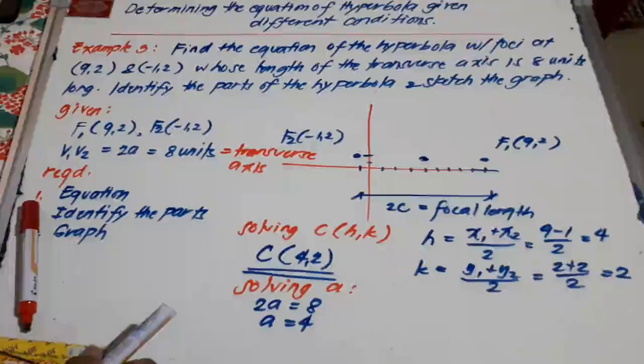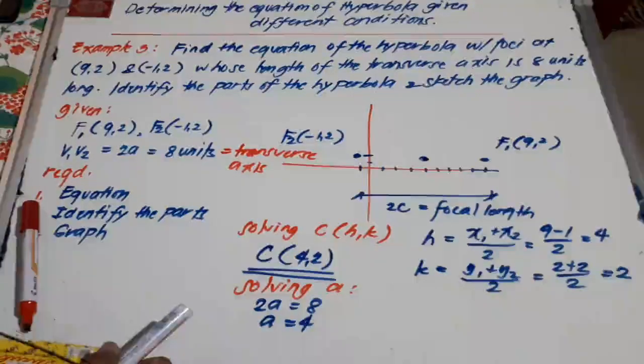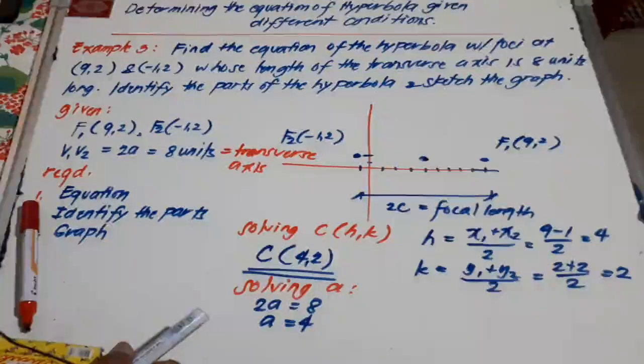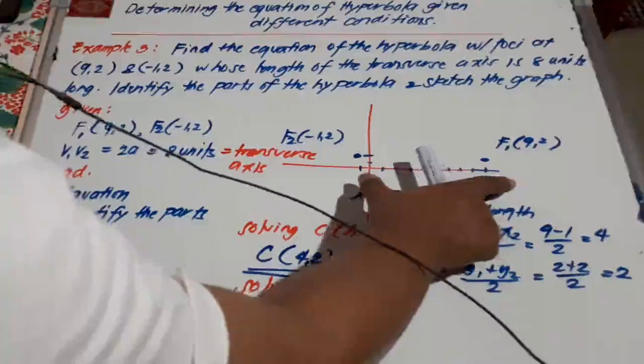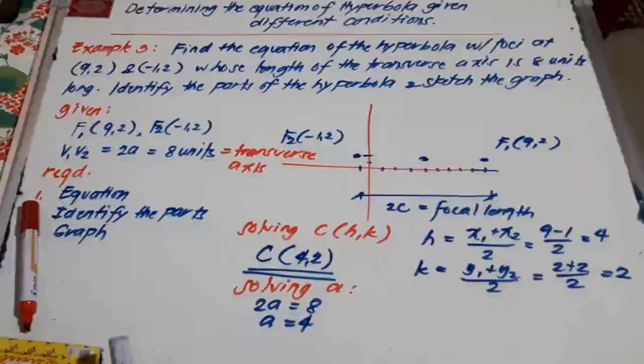How about c? c is easy. How do we solve for c? That is simply half of the distance of the segment connecting F1 and F2. So, using the distance formula. Actually, we don't even need the distance formula.